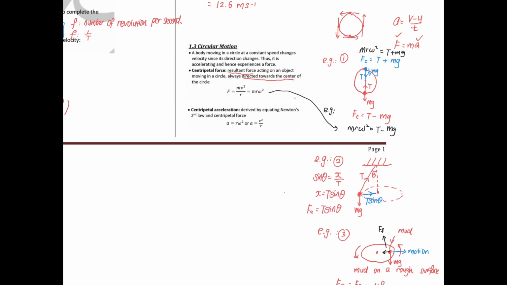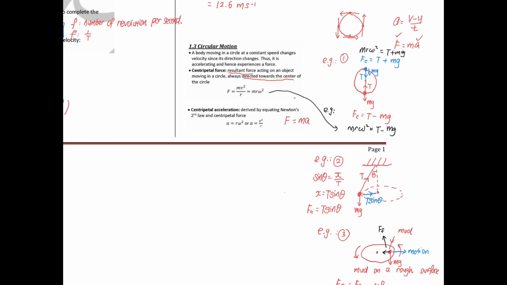Okay, now the next one, centripetal acceleration, derived by equating Newton's second law and centripetal force. So what is Newton's second law again? It is actually F equal to ma. You equate F equal to ma with the centripetal force formula.